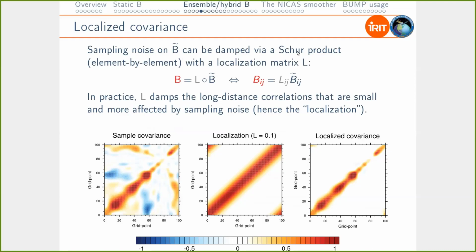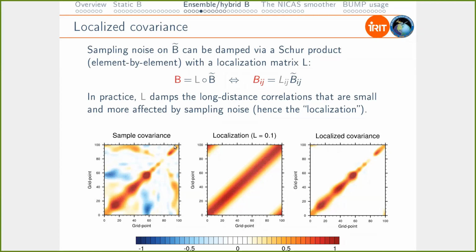So we do a Schur product, an element by element matrix product with the localization matrix L. Basically B_ij is equal to L_ij, the localization term, multiplied by the sampled covariance matrix B tilde_ij. In practice, we will use an L matrix that damps the long distance correlations that are small in general and that will be more affected by the sampling noise. That's why we call it localization.